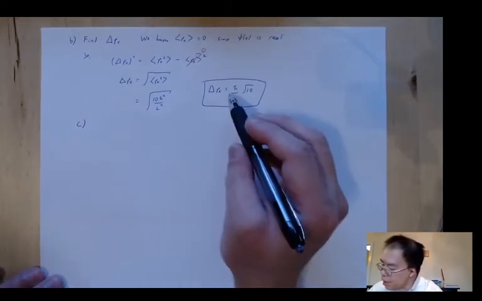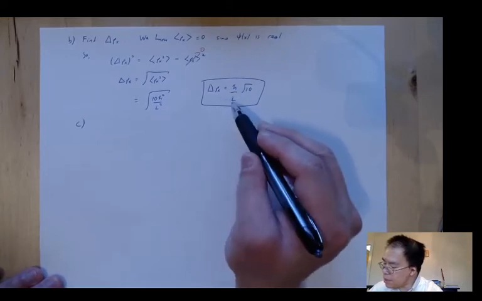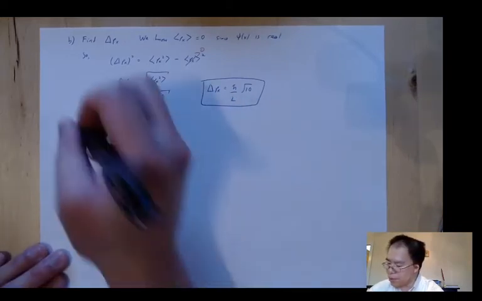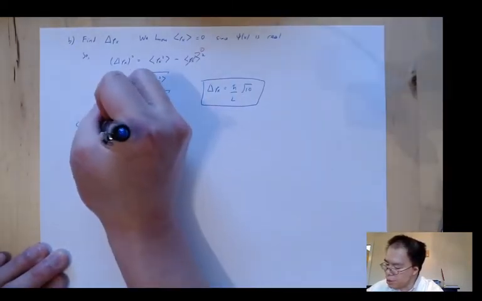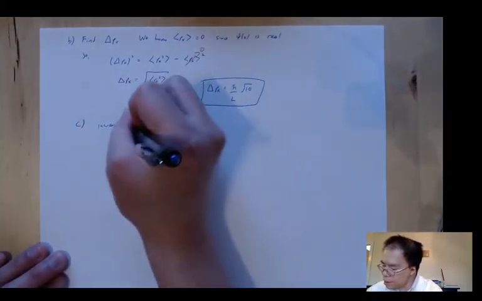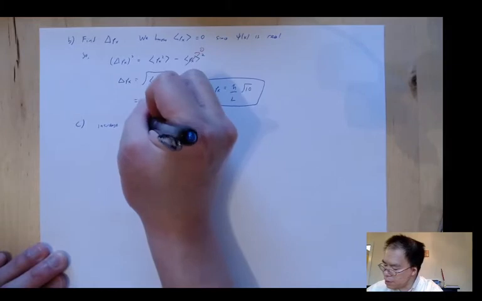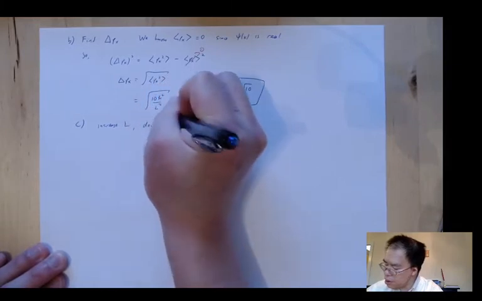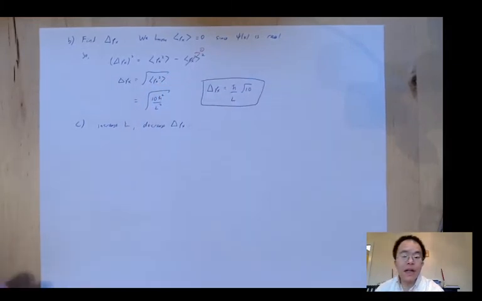So notice that delta p x goes like 1 over L. So if we increase L, we decrease delta p x.